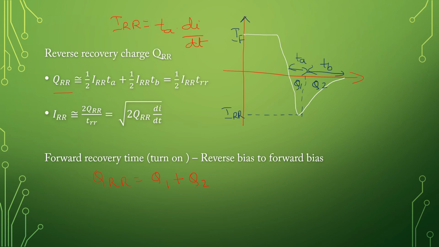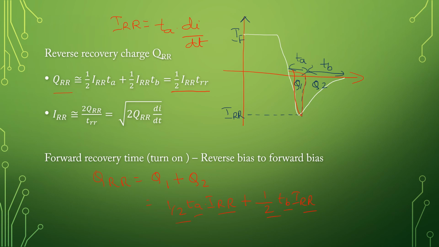If we consider this as a triangle, we can write Q1 as half into TA into IRR. Similarly, Q2 can be written as half into TB into IRR. Therefore, taking half and IRR common, we know that TA plus TB is TRR, we get half IRR into TRR.